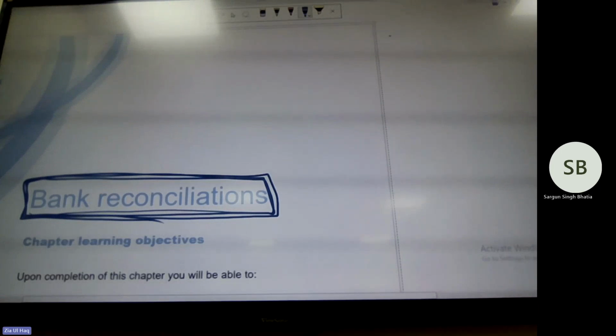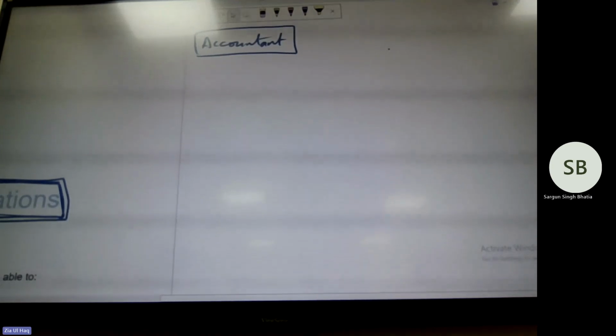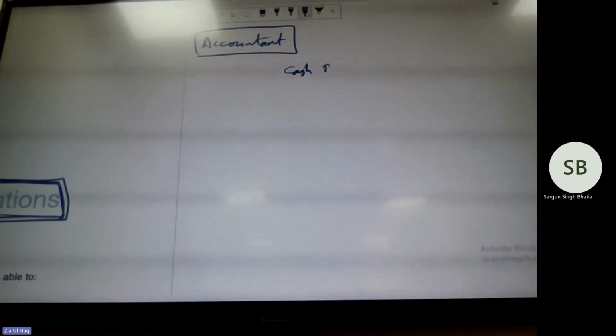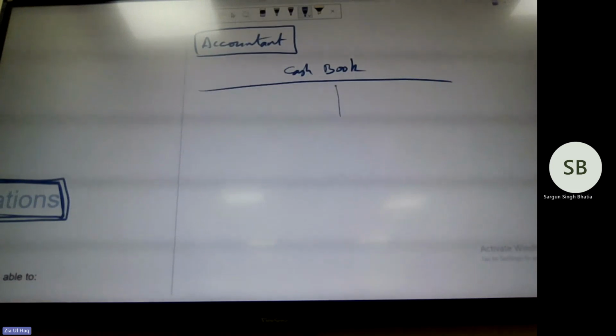Suppose you are working as an accountant in an organization. So you are the accountant. Being accountant, what you need to do is maintain the cash book of the company. What is a cash book?